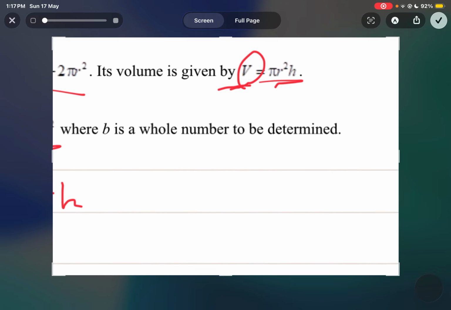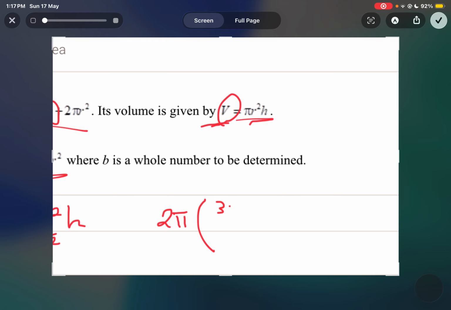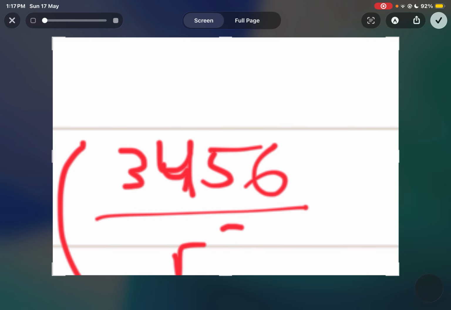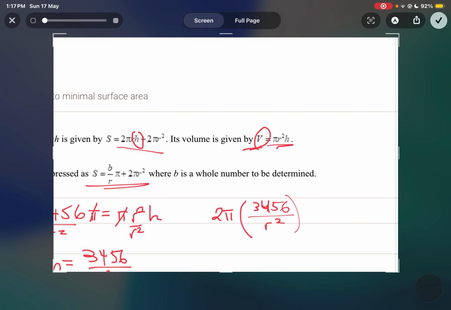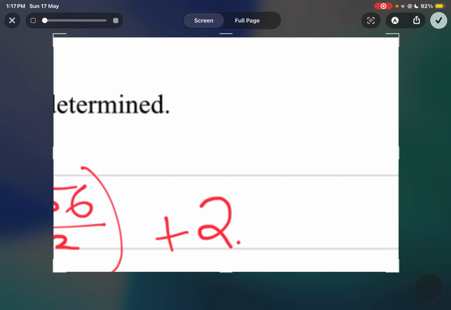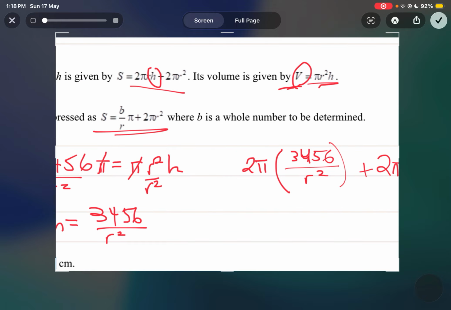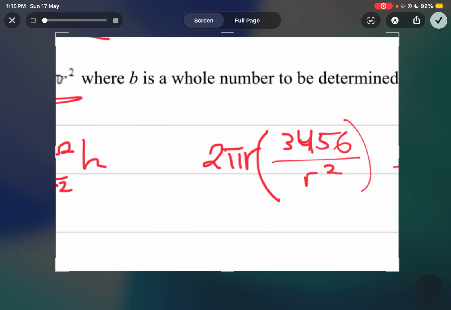Now you can replace it here. So it will be now 2 pi times 3456 over r squared, plus 2 pi r squared. Okay, so now let's multiply it.